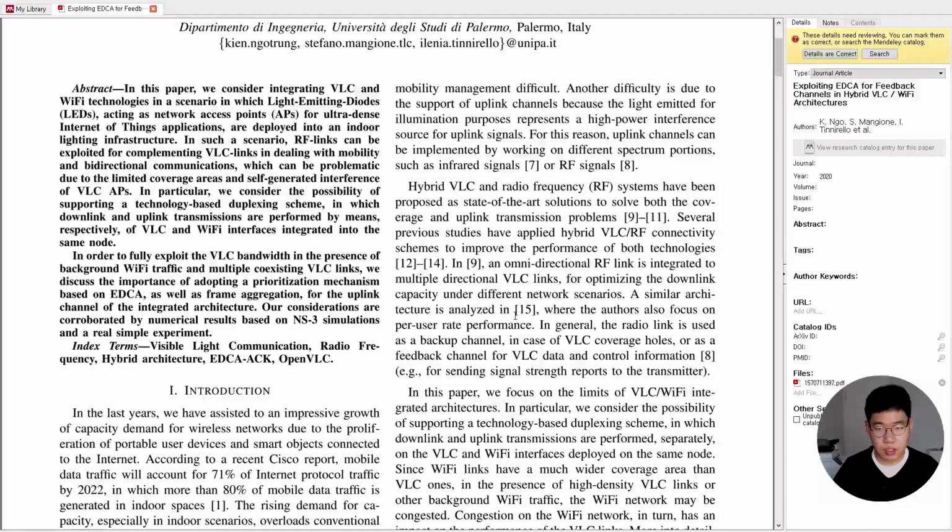For this reason, uplink channels can be implemented by working on different spectrum portions, such as infrared signals [7] or RF signals [8]. Hybrid VLC and radio frequency (RF) systems have been proposed as state-of-the-art solutions to solve both the coverage and uplink transmission problems [9] to [11].